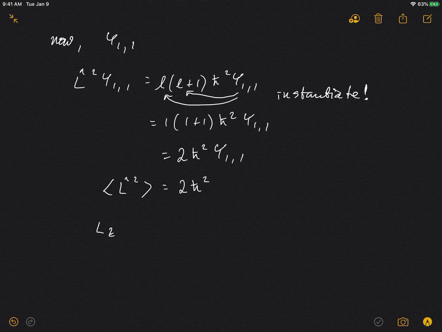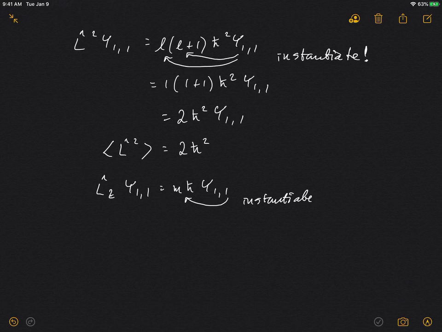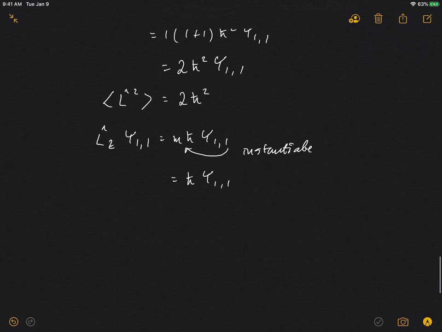And similarly, if we looked at LZ for this, we have to instantiate. We have to actually put the value of m for that YLM into our expression, and then this is going to give us h bar y11. And so our eigenvalue is h bar, and our expectation value is h bar.